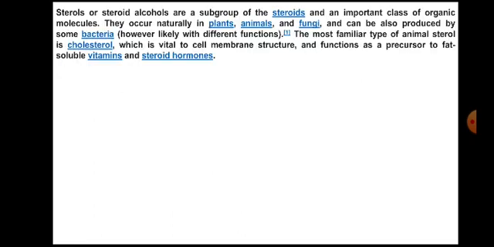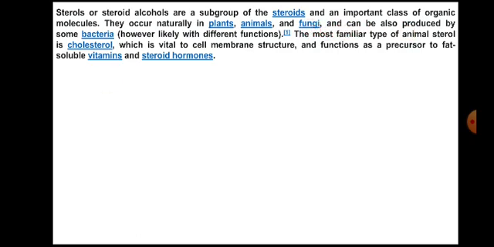Sterols or steroid alcohols are a subgroup of steroids, which is an important class of organic molecules. They are naturally present in plants, in animals, as well as in fungi, in the cell membrane. Fungi such as yeast are rich in these types of steroids.